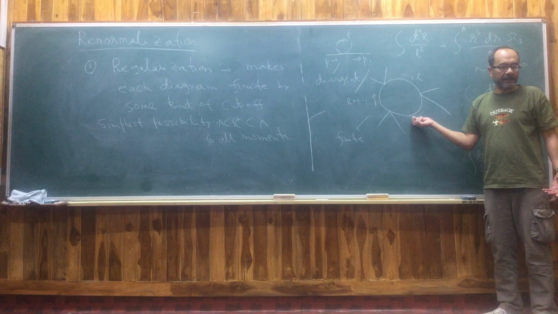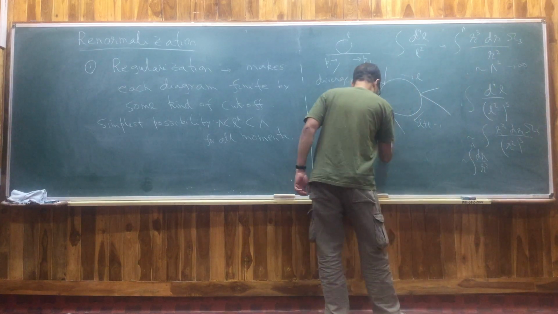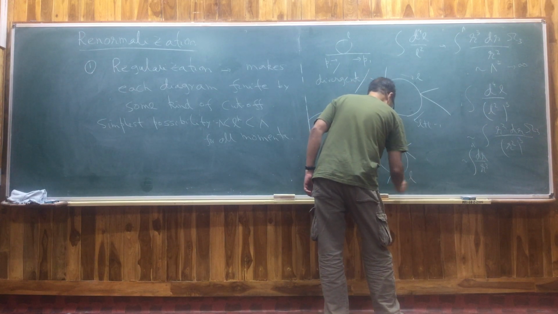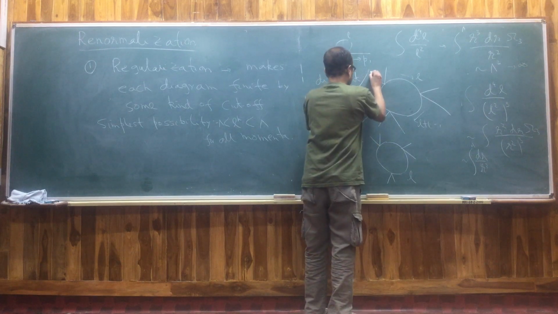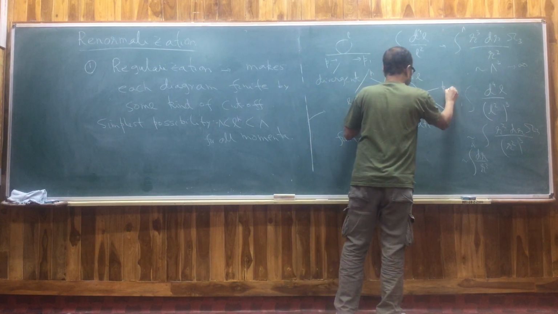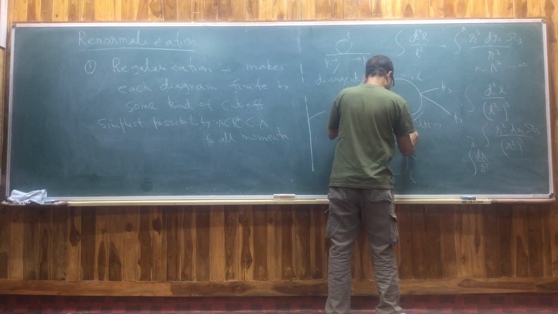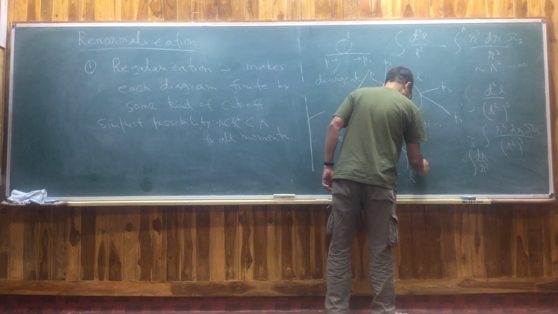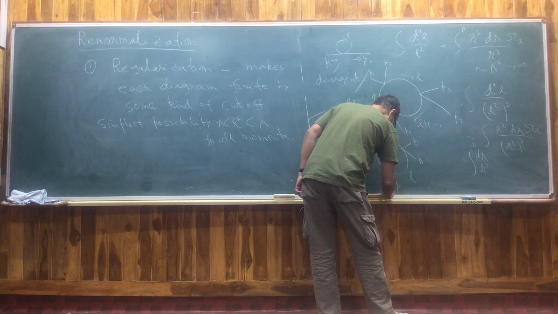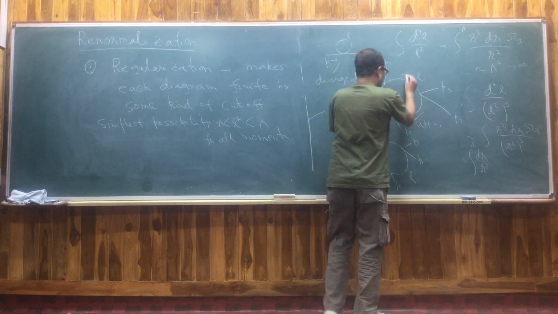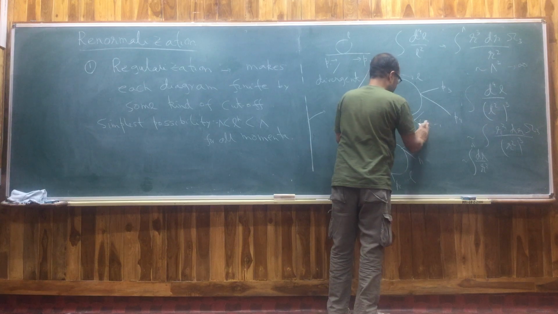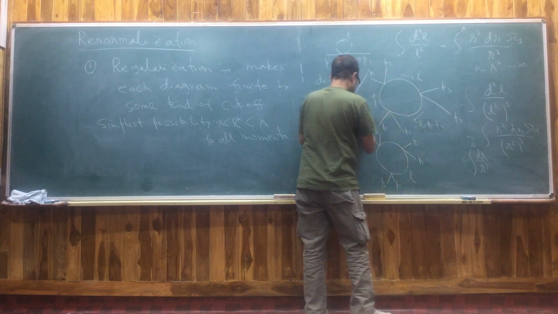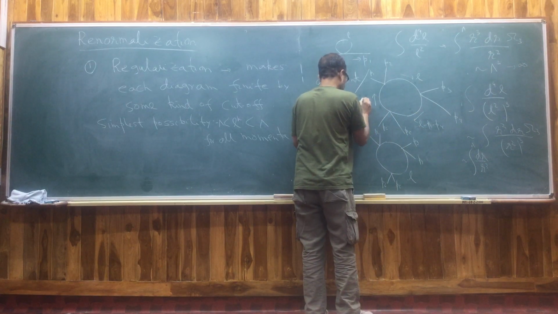Is that clear? Suppose this is one way of labeling, but I could have also labeled it like this. Let's write some momenta: this is P1, P2, P3, P4, P5, P6. If you call this L, then this becomes L minus P3 minus P4, and this becomes L plus P1 plus P2.